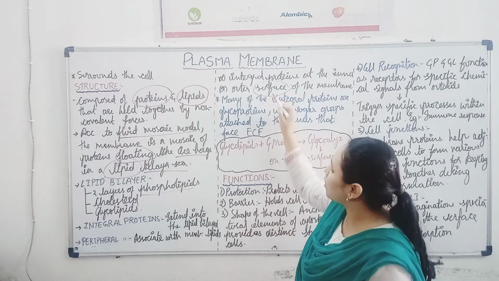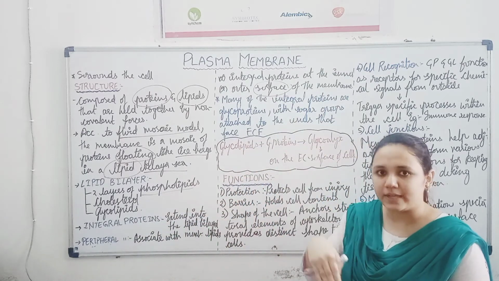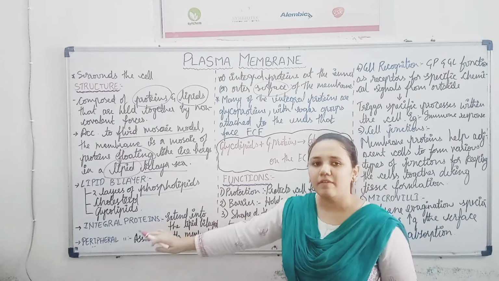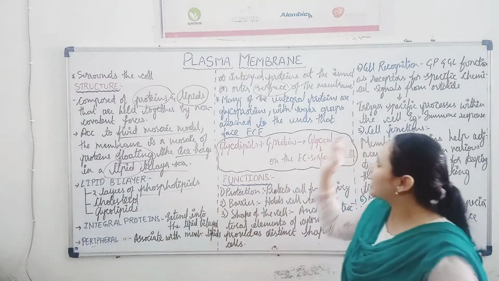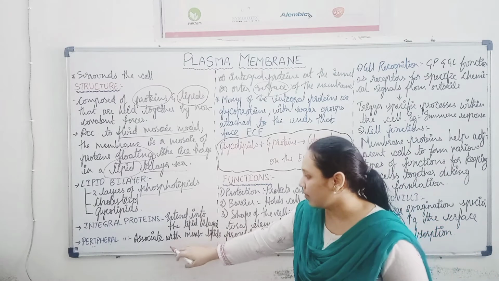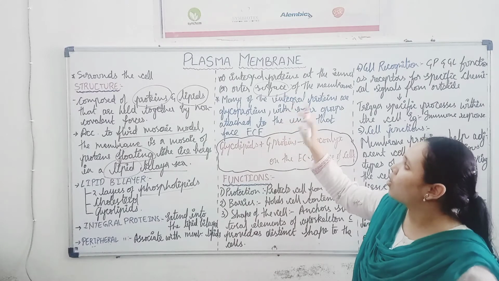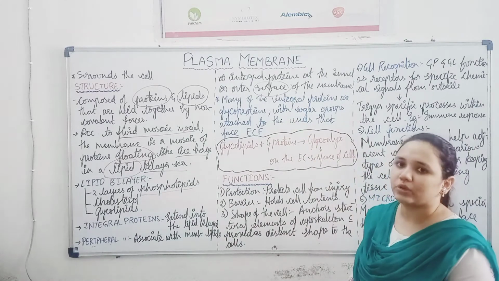That's why these are called peripheral proteins. They are attached to the inner or outer surface, where they are associated with the membrane lipids or with integral proteins.